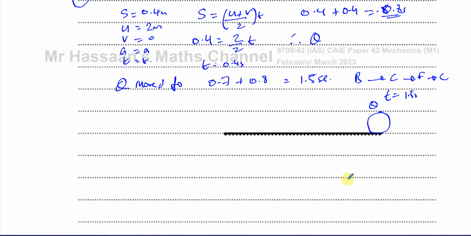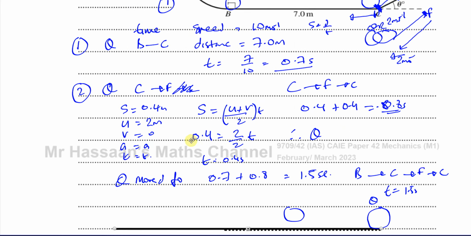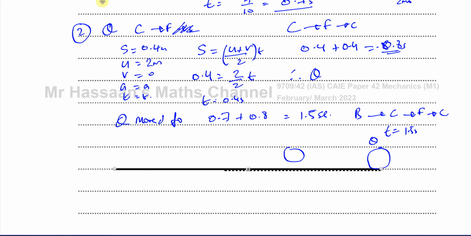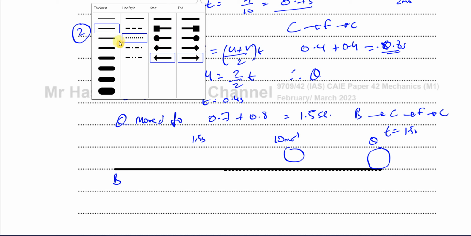Now we've got to find how far P has come along, this distance from B. So P has moved along here for 1.5 seconds at a speed of 10 meters per second. So how far along did P move until this stage? Which is not going to be the final answer still.